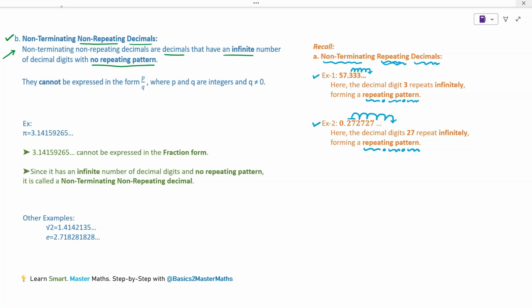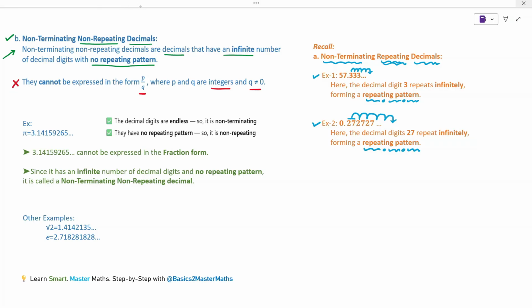Got it? First point, non-terminating non-repeating decimals cannot be expressed in the form p by q, where p and q are integers and q not equal to 0. Got it?